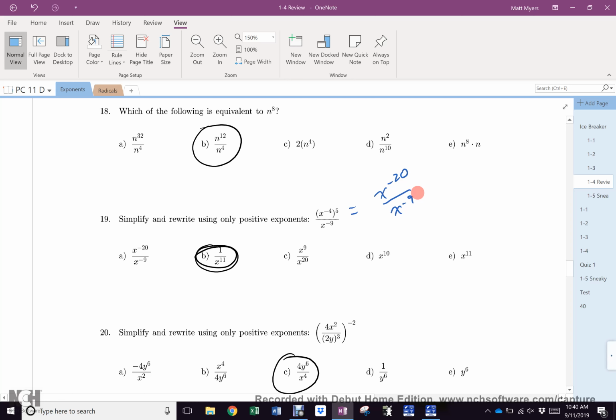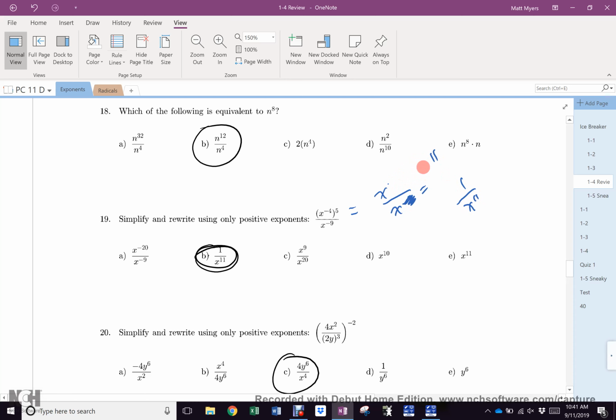Now, how you think about this is up to you. The easiest thing, I think, is because they're both the same symbol, you would cancel 9 of them, and I would have x to the negative 11 is all that's left, right? But that's not allowed, so it becomes 1 over x to the 11.